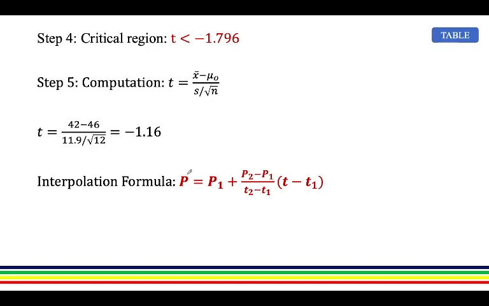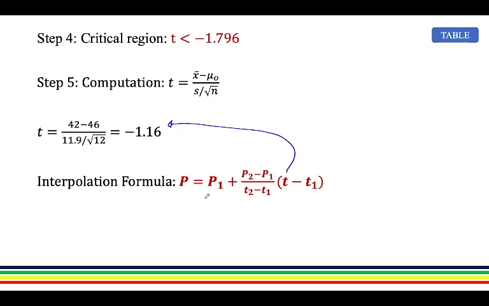From here, the p-value of negative 1.16 is equivalent to p1 plus p2 minus p1 over t2 minus t1 multiplied by t minus t1, where t is the negative 1.16 and t1, t2, p1, and p2 are found on the table.